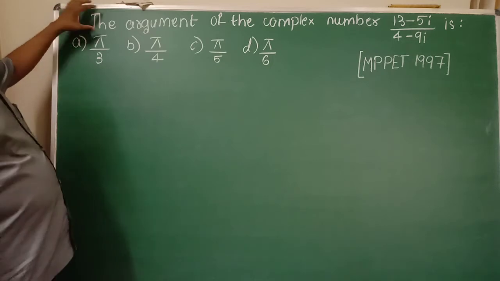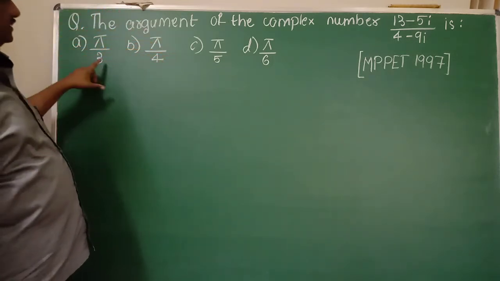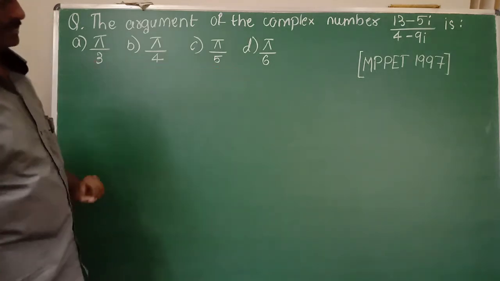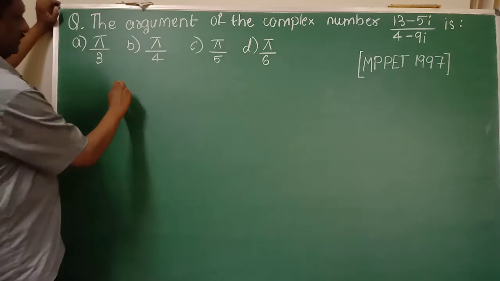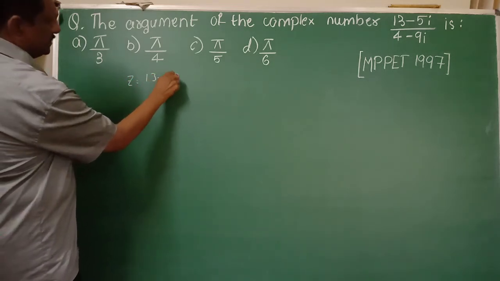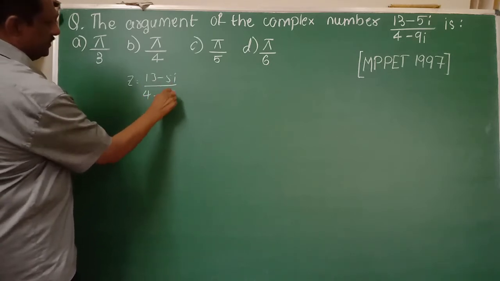The argument of the complex number 13 minus 5i divided by 4 minus 9i is: pi by 3, pi by 4, pi by 5 and pi by 6. Okay. So here the complex number is 13 minus 5i divided by 4 minus 9 into i.